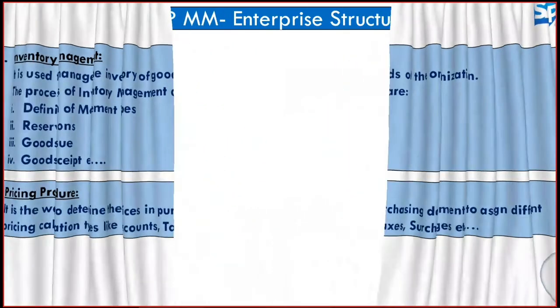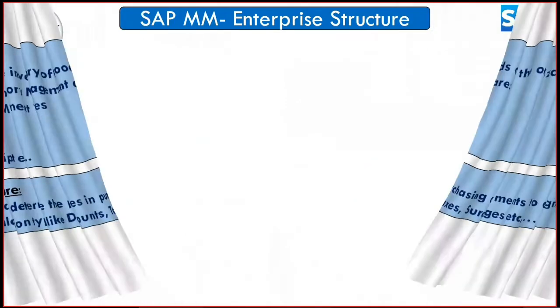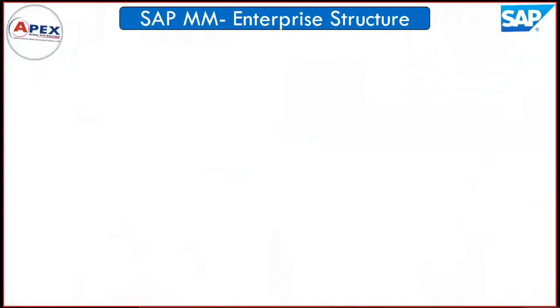So next, we have a very important concept, that is SAP MM enterprise structure, also called organization structure. Today I'm going to explain this enterprise structure in detail. Tomorrow I'm going to show you in SAP how to create the enterprise structure.